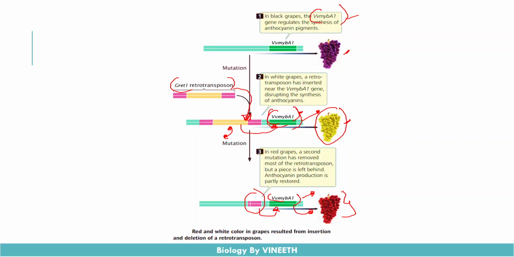And if there is some part of this retrotransposon left before the VvMYBA1 gene, this small part also regulates the activity of the gene and causes the grapes to be red in color. This kind of regulation is done by a lot of transposons.